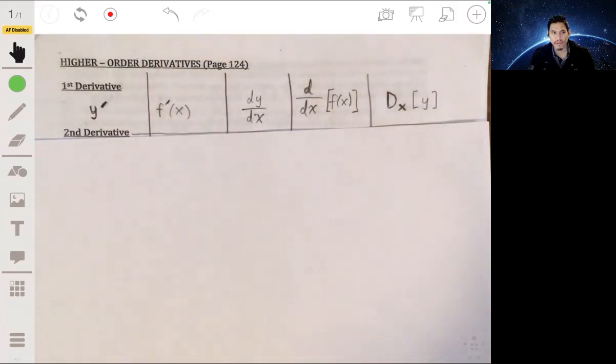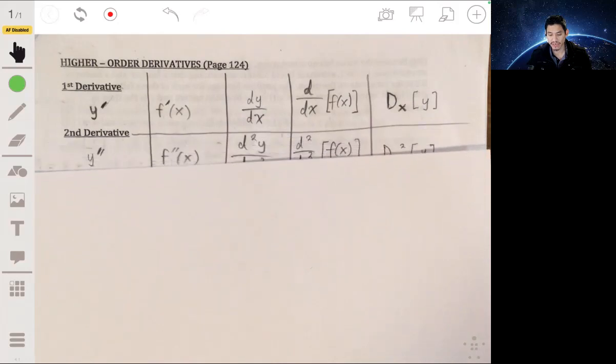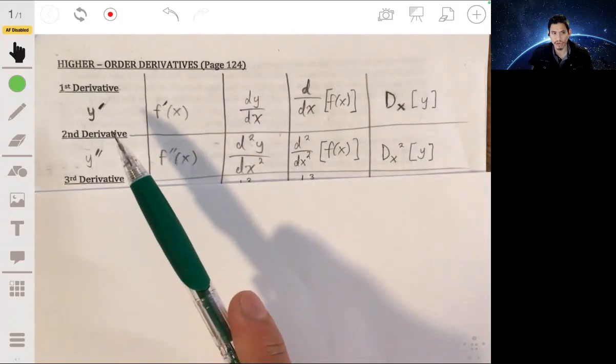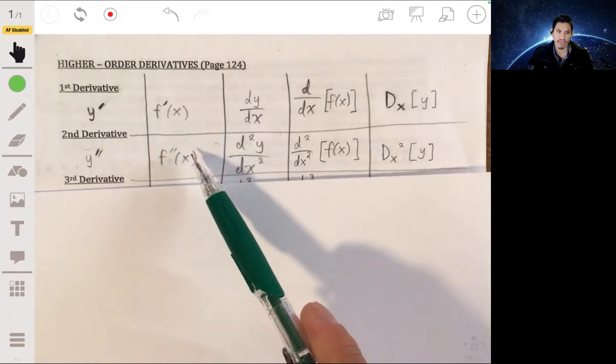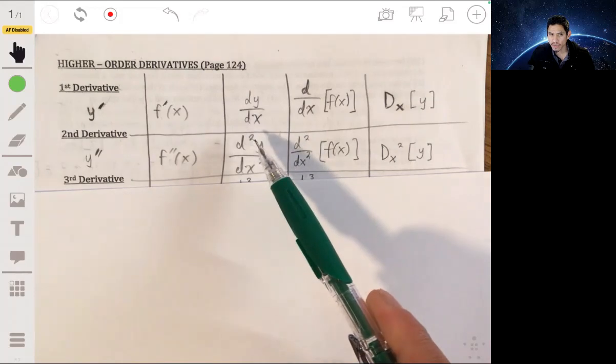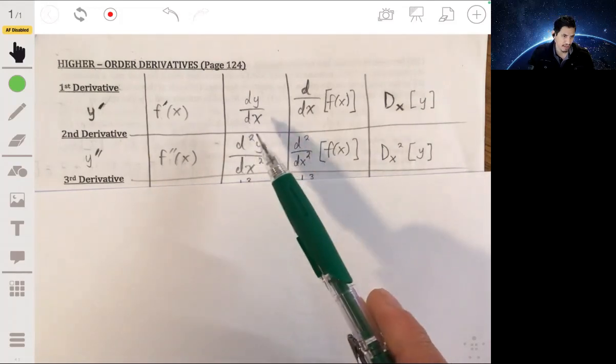Now, there's actually a second derivative. What do I mean by second derivative? Well, you can actually take the derivative of the derivative. We call that a second derivative, and the way we represent that is y double prime or f double prime of x, or d squared y over dx squared, where we write the 2 kind of like an exponent, but this is not d to the second power.